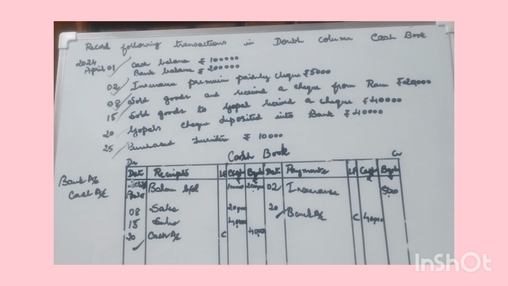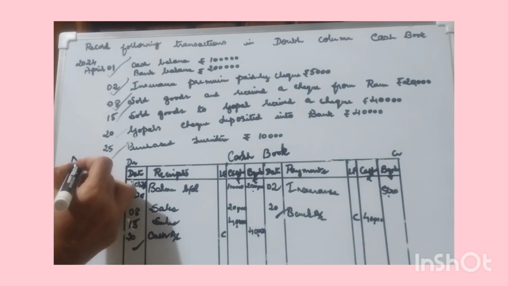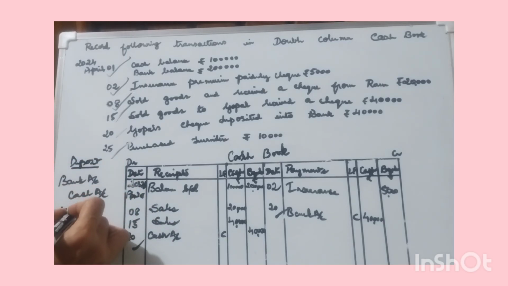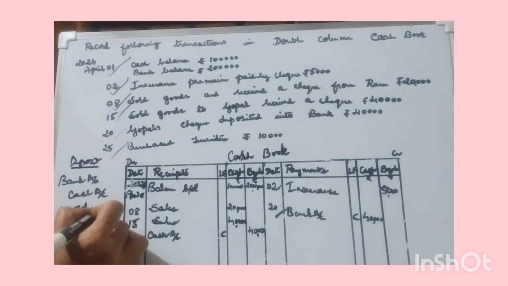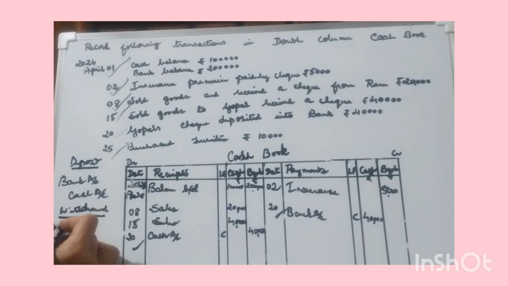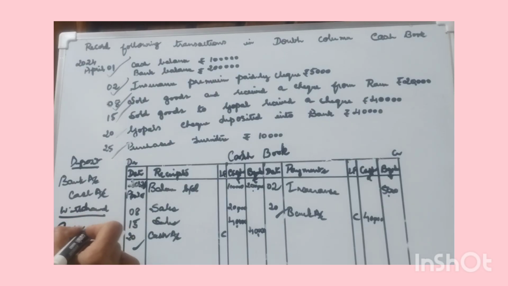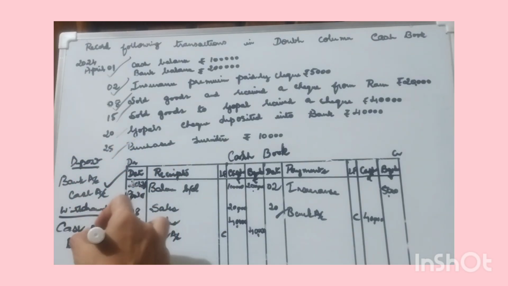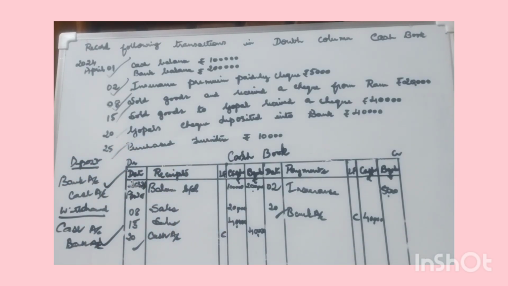Always remember, deposit as well as withdrawal from bank are both treated as contra entries. When the cash is withdrawn from bank, the journal entry will be cash account debtor to bank account. So in both cases, it must be understood that these are contra entries.